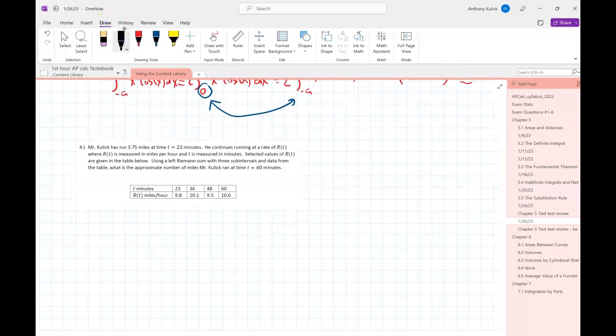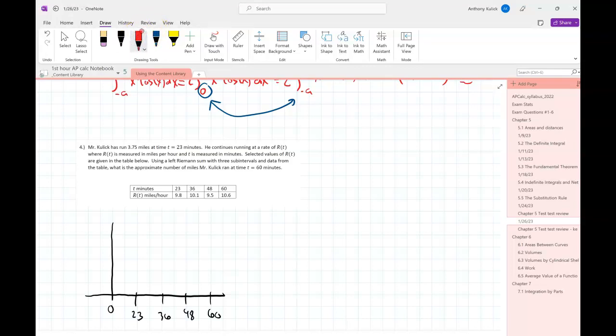All right. So you're given blah, blah, blah, and we're asked to do a left-hand Riemann sum. If I'm doing that, I have 0, 23, 36, 48, and 60.